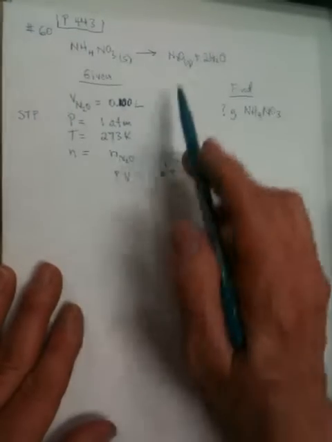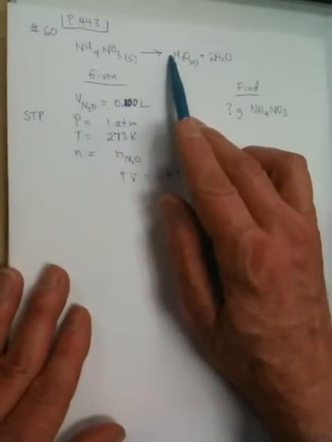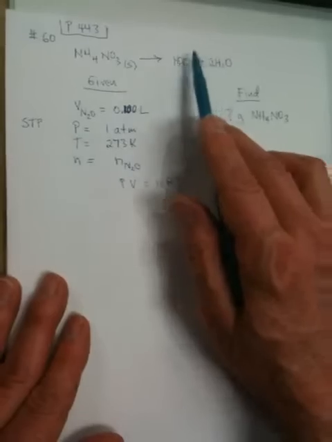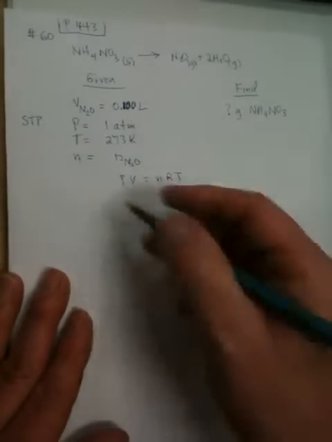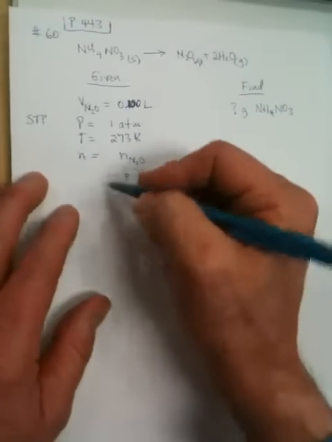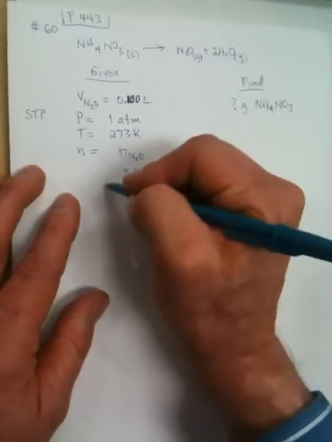It won't work. You can only do liters being proportional when you have 2 gases, and these are both gases.